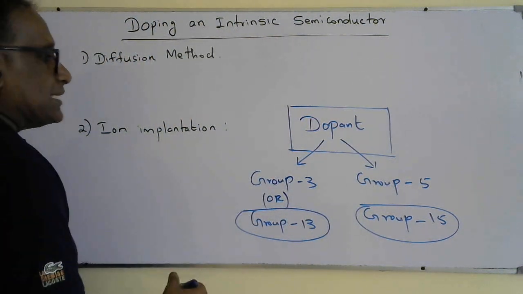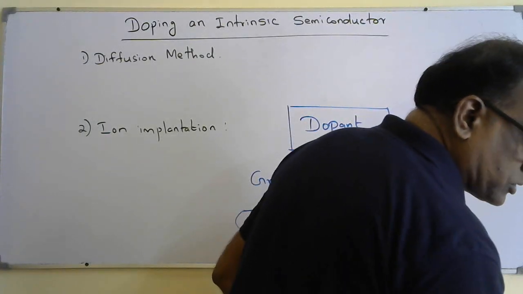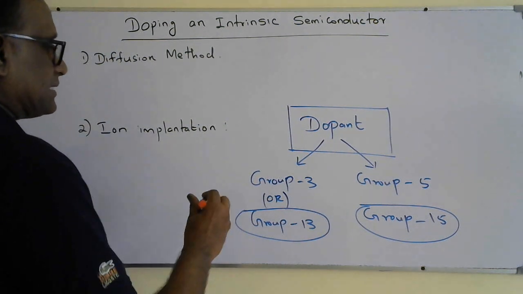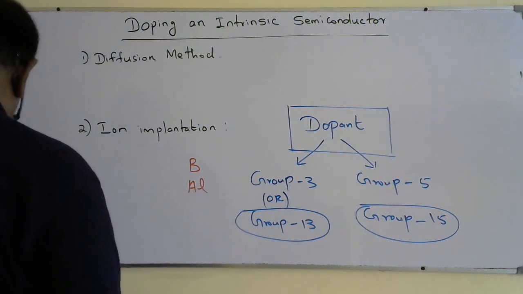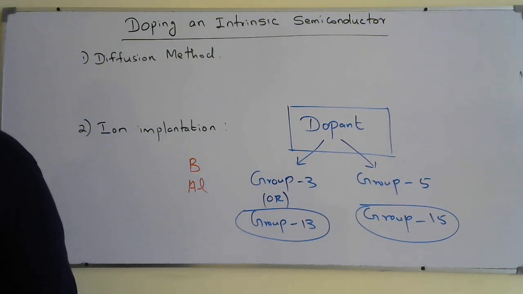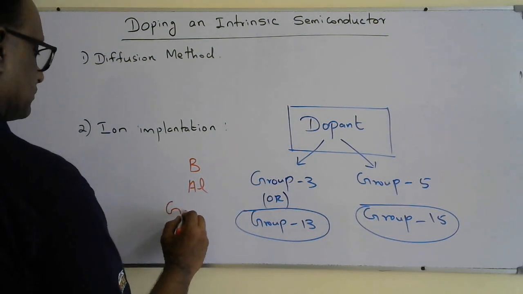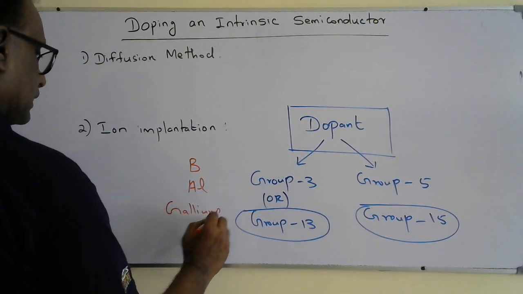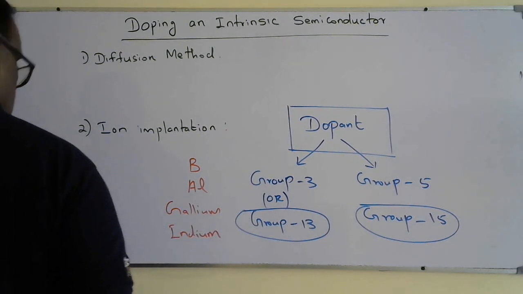So group 3 elements, you know what the elements in group 3 are; in chemistry you know that group 3 elements are boron, aluminium, gallium, and indium.